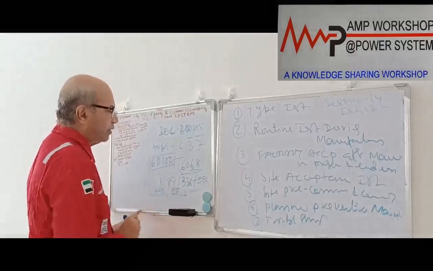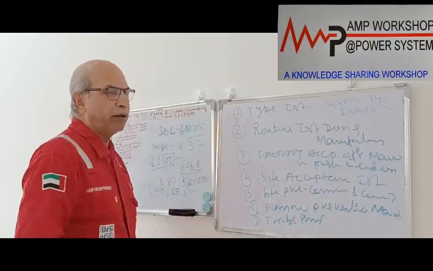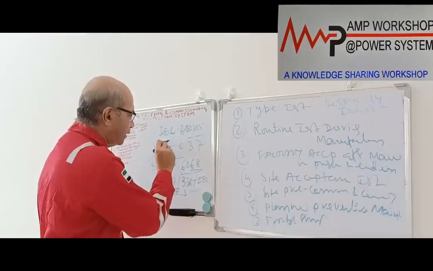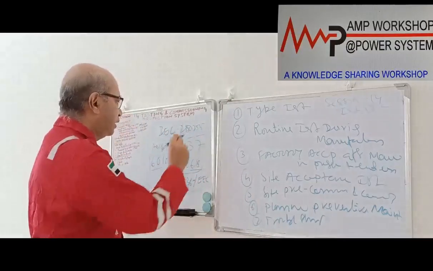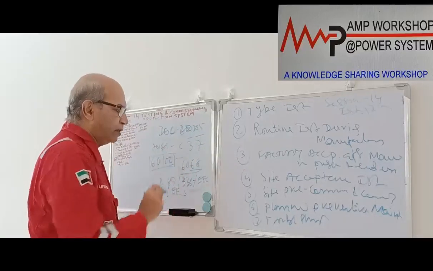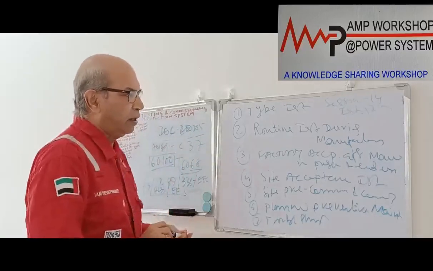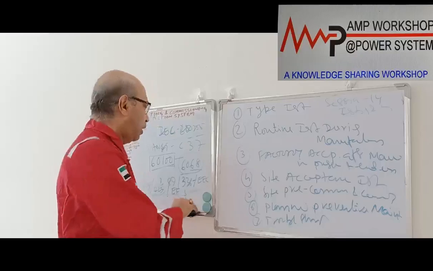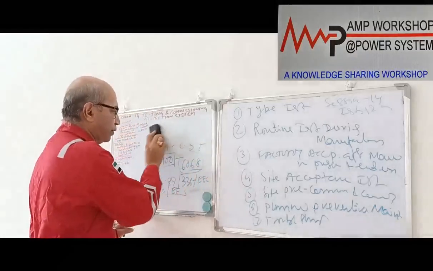Another European standard is there by which we do the various tests. So mainly we follow IEC standard 60255, various parts of this, as well as 60100 and 6068, for the testing of the protection devices.